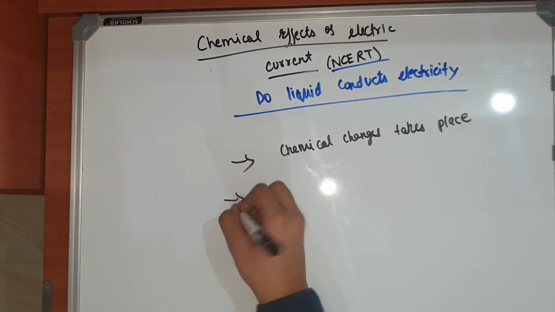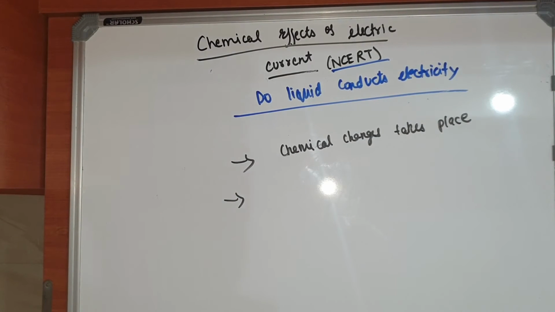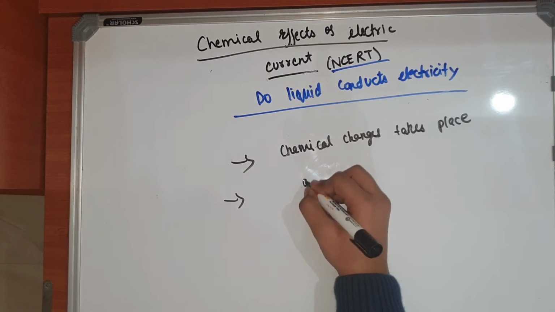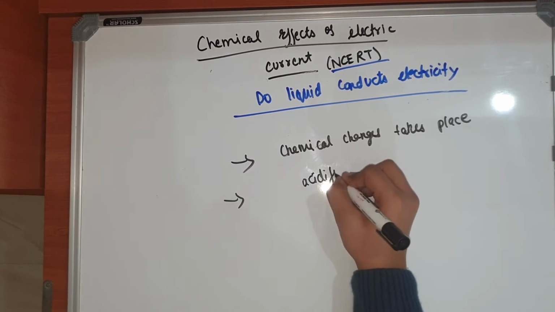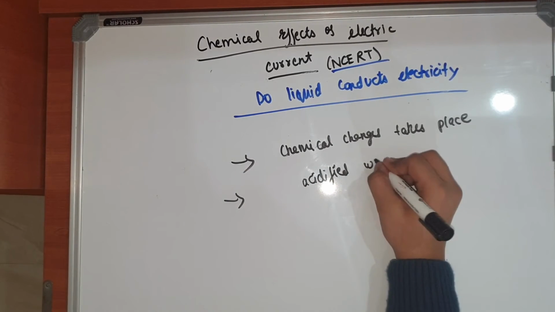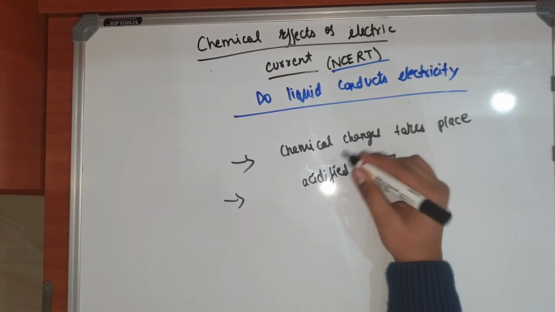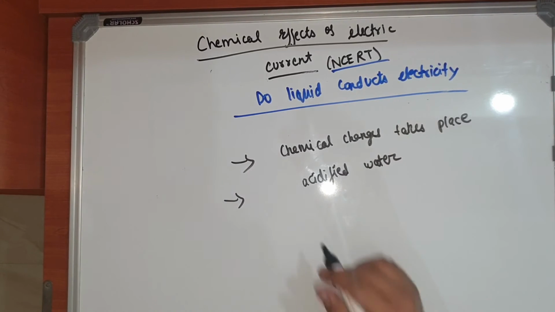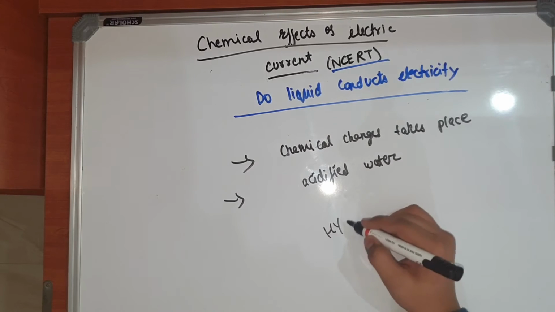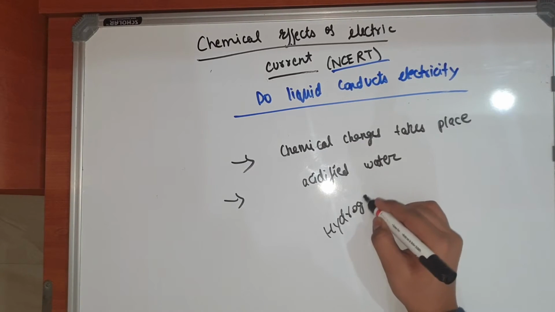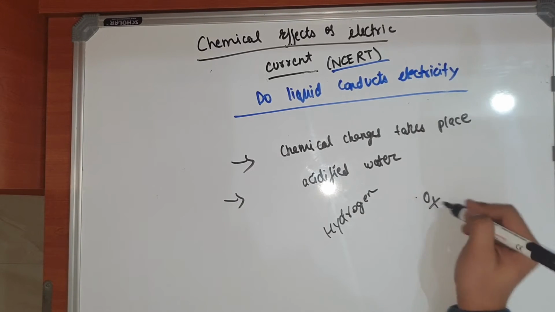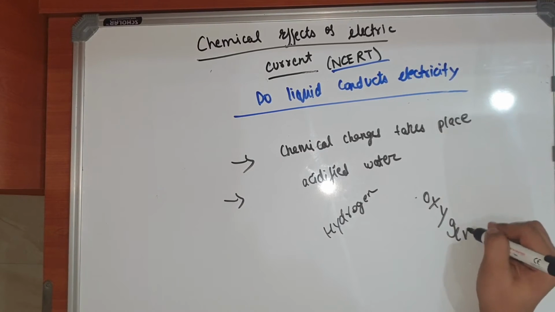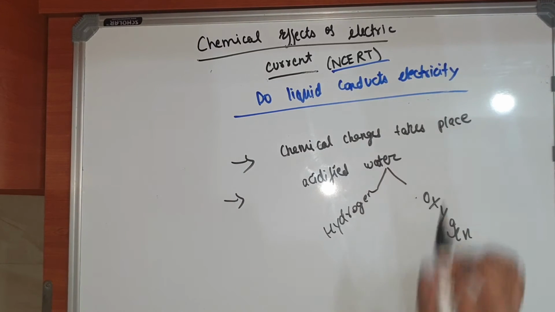Example: if electricity is carried in acidified water, water with some H2SO4 or any other acid, the water will break up. It will decompose into hydrogen and oxygen.